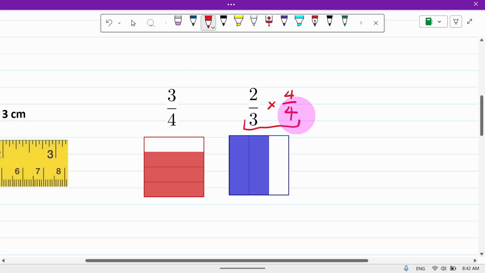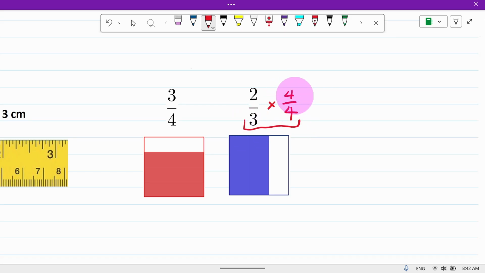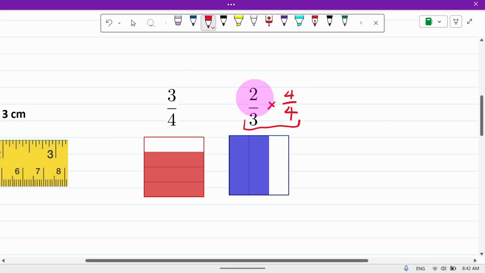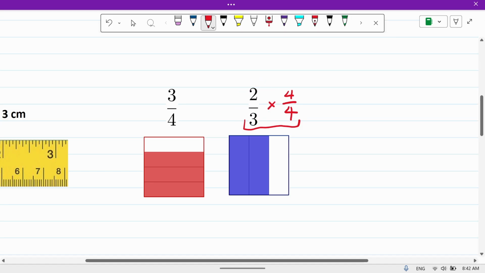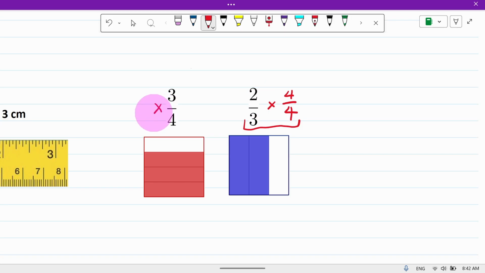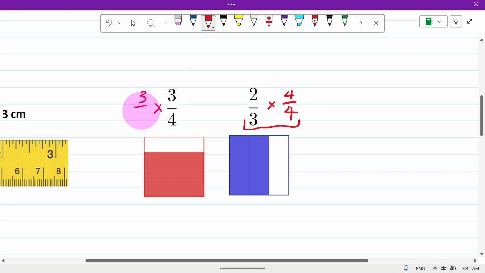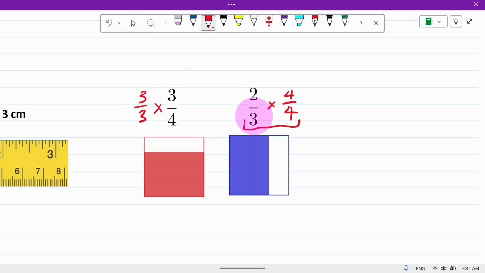So whenever we multiply anything by 1, it doesn't change its value, it just changes its appearance. So when I multiply 3/4, I multiply that by 1, which is 3 divided by 3. And I've chosen the 3 here because it is the opposite denominator.